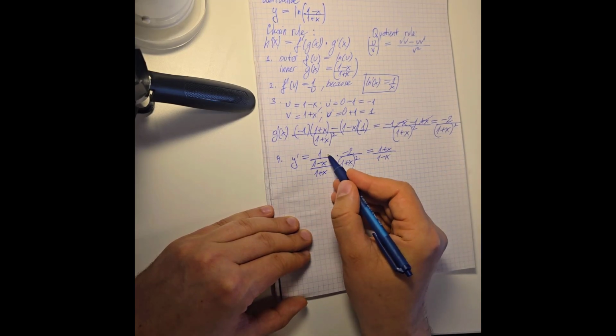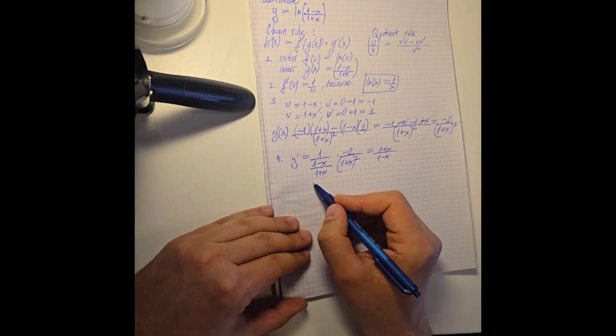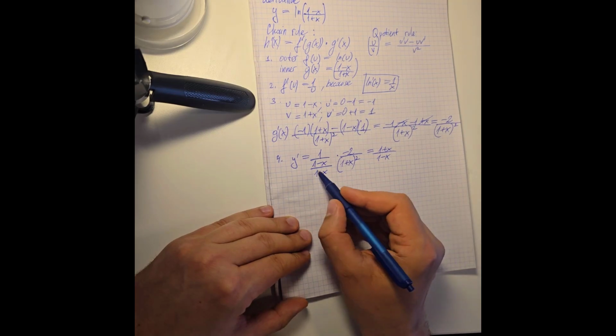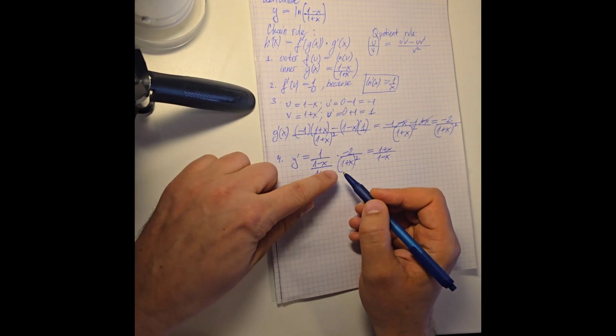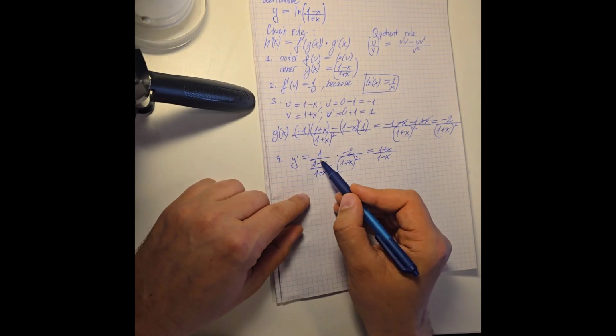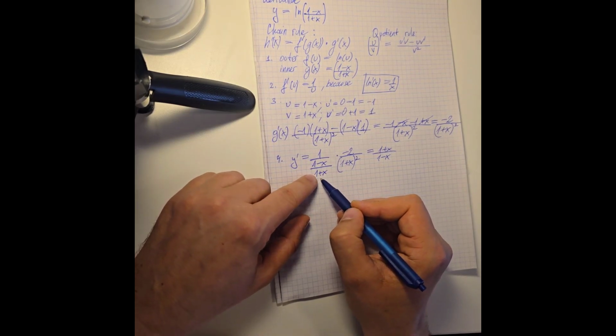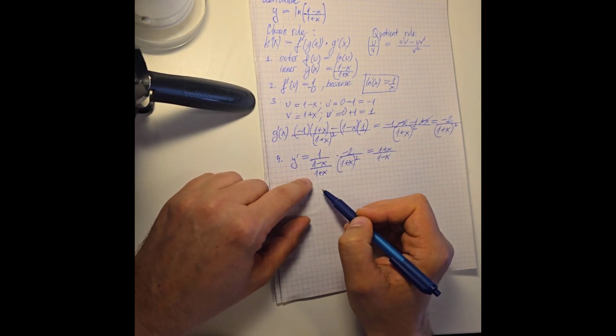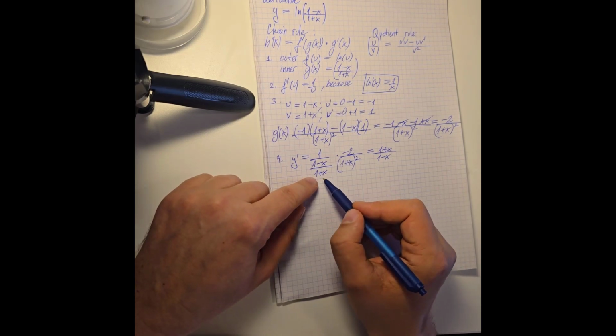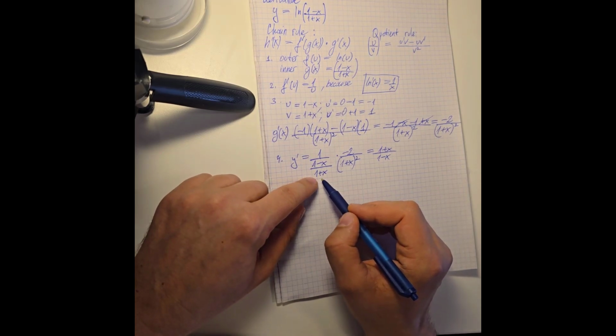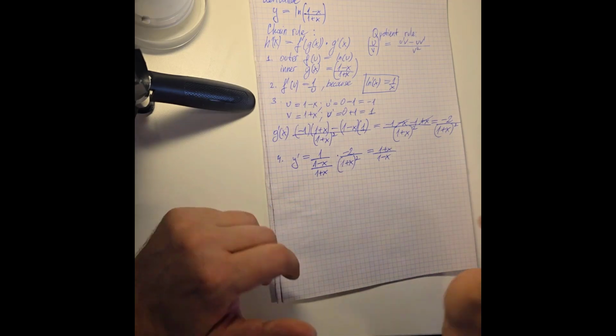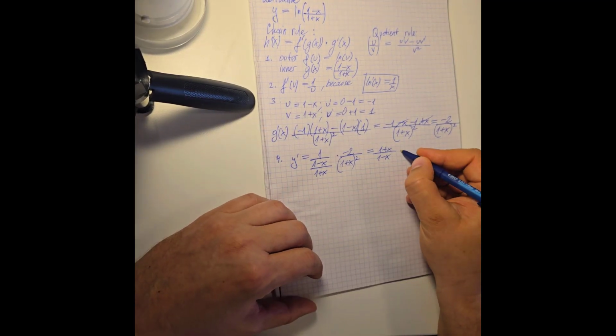This is because we multiply with the reciprocal of this one here. It's 1 over 1 minus x divided by 1 plus x over 1. And if you imagine the reciprocal of 1 plus x, it goes there. So far so good.